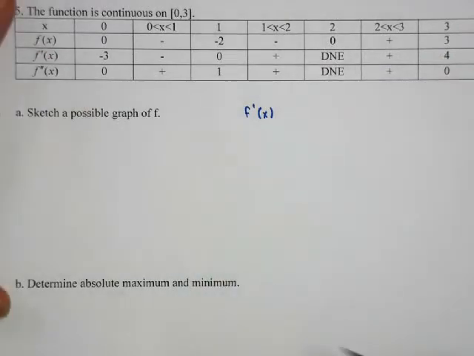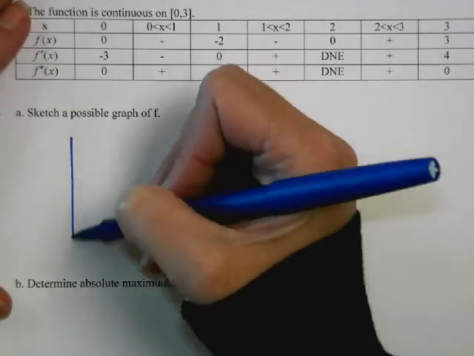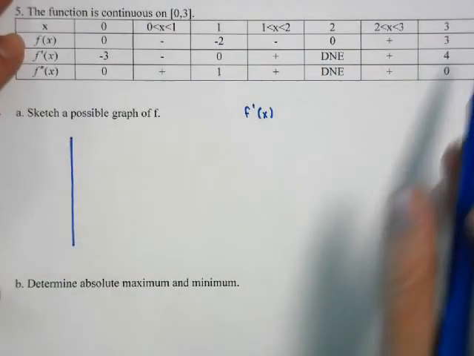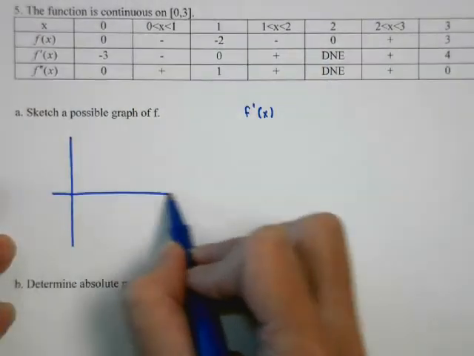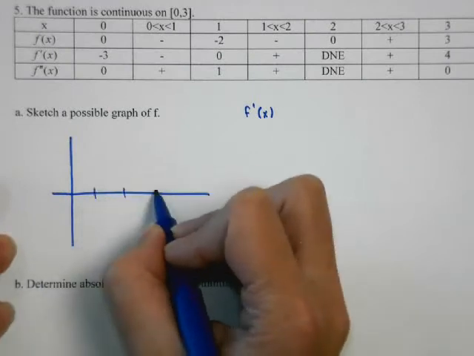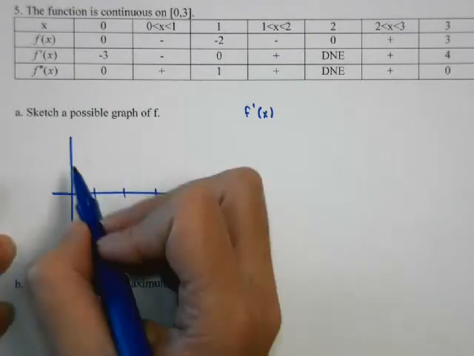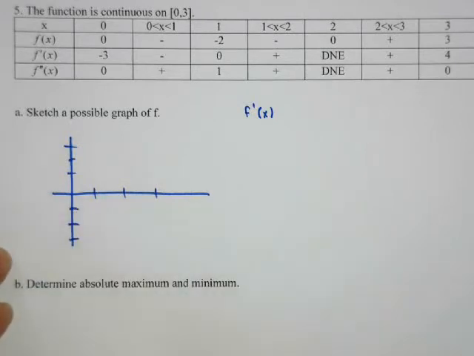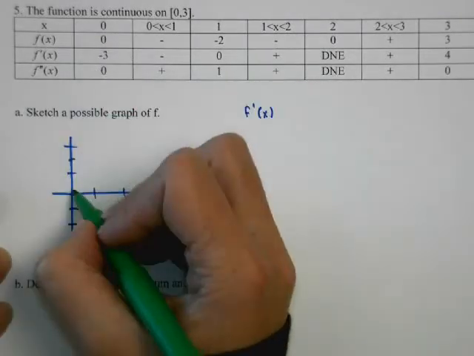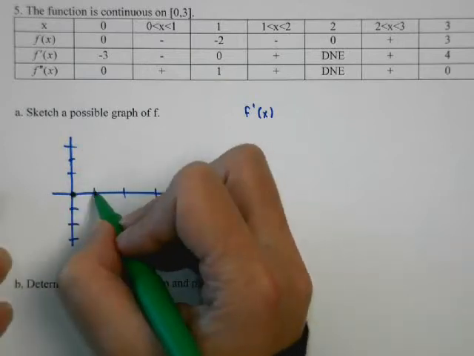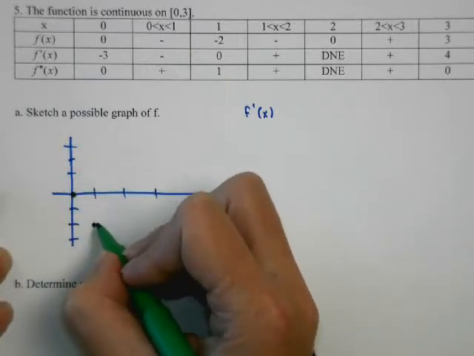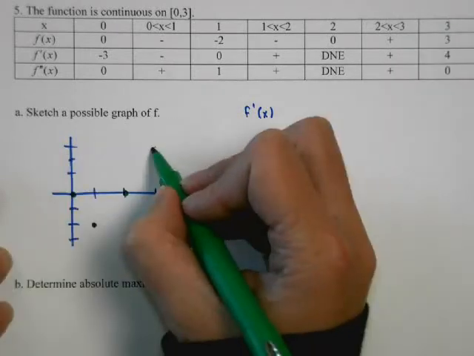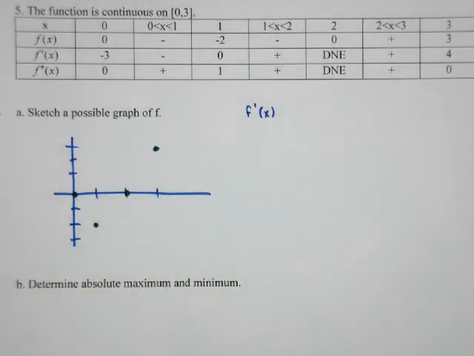Actually, before we do that, we have our function values, 0, -2, 0, and 3. So I'm going to start there. We're just going from 0 to 3. So at 0, our function is at 0. At 1, our function's at -2. At 2, our function's at 0. And at 3, our function's at 3.